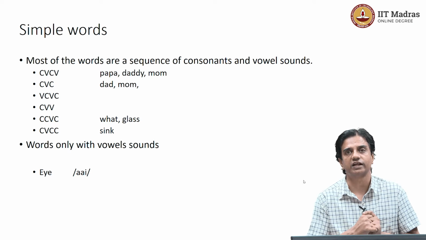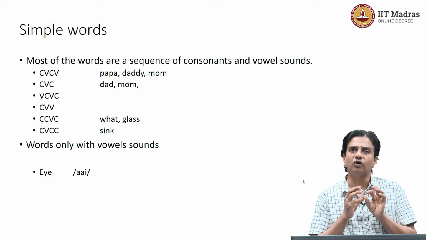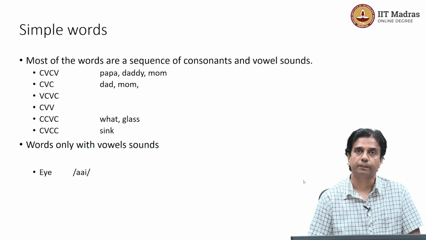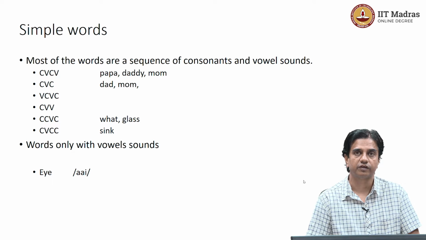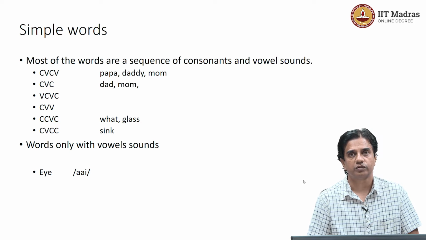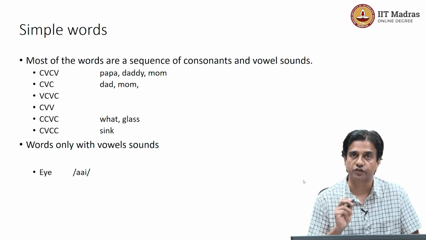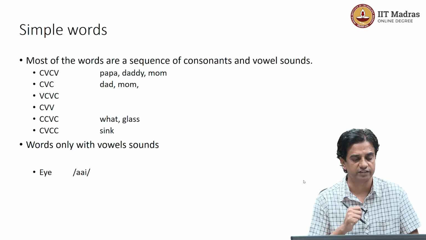So, let's look at these things. What is the order of sounds in a word? If we know that the order of sounds in a word is not random, then we must point out what the order of sounds in a word is. Let's look at a word and use our understanding of consonants and vowel sounds.